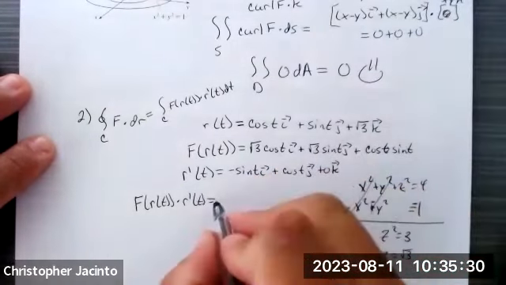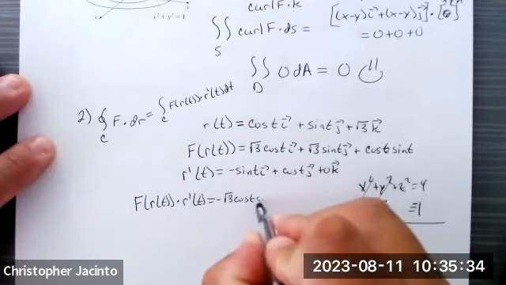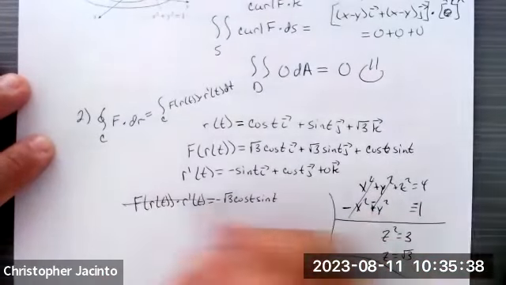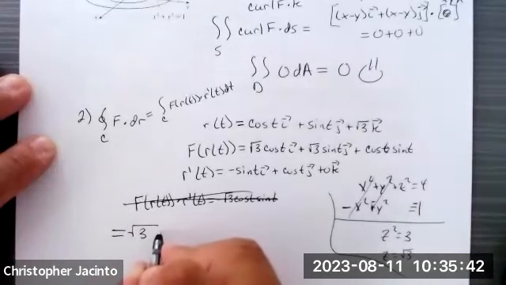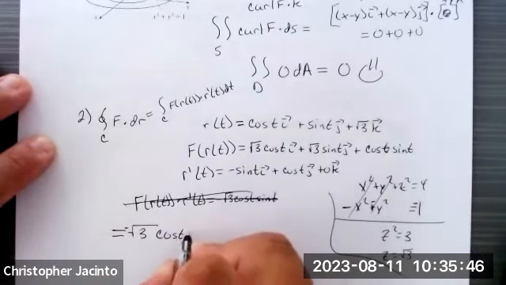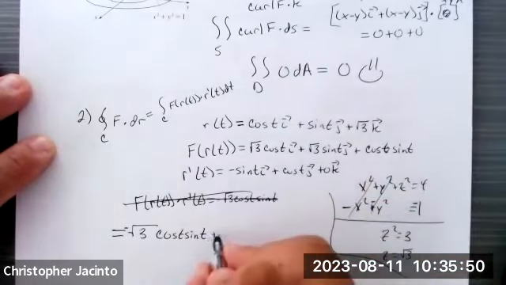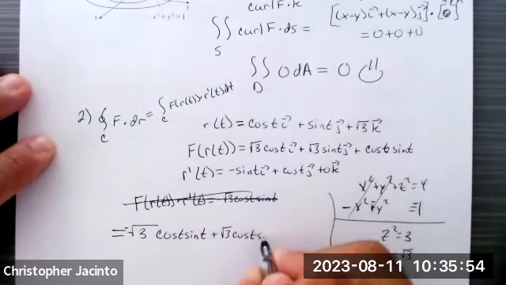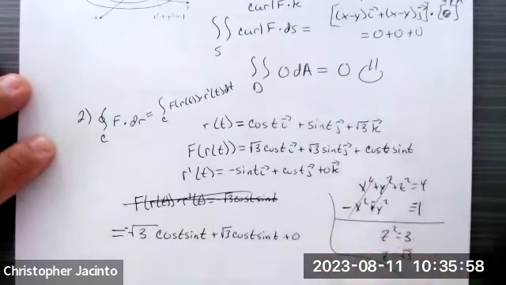So that times that. Put it over here instead. That times that. And then this times this, which is 0.